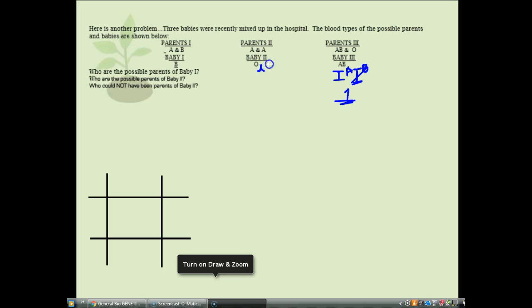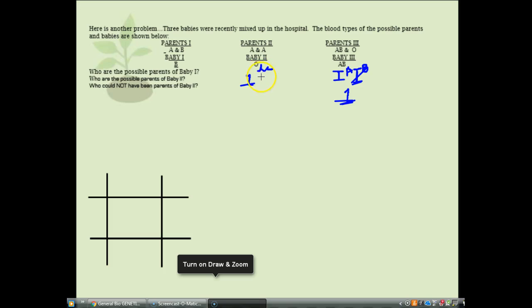Okay, let's take a look at the O allele. We know our O allele has those 2 recessive I's, and we can already eliminate parents 3 because we did the Punnett square and saw they could not produce an O allele child. But could these parents both carry the O allele? Yes, they could. So they could be the parents of baby 2. Could both of these parents carry the O allele?